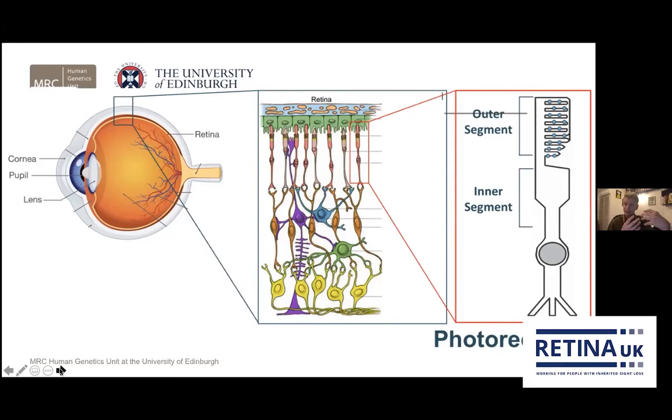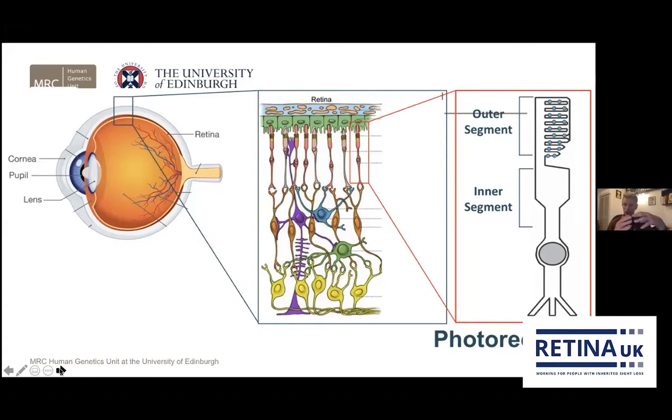Cilia detect signals because of a protein called a G protein coupled receptor. And our light sensing pigment that the euglena first developed 540 million years ago is a G protein coupled receptor. In order for normal vision to occur, these G protein coupled receptors called rhodopsin have to be packed into the outer segment, which is an expansion of the cilia membrane. So there's a constant turnover of rhodopsin.